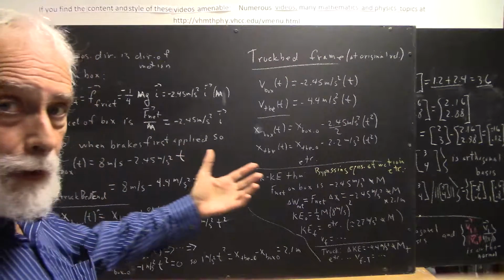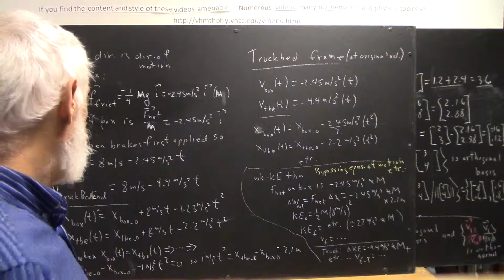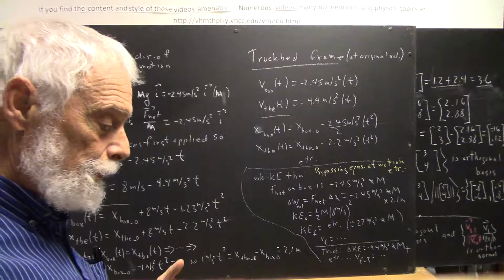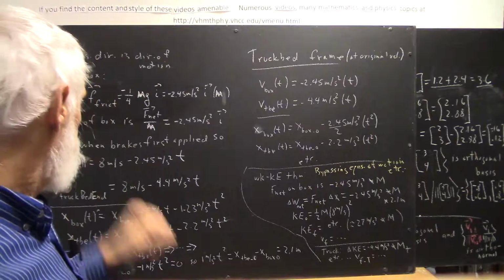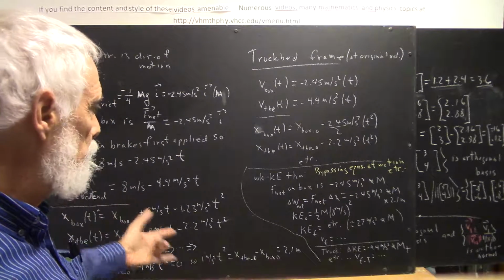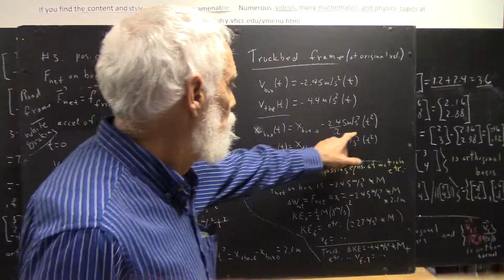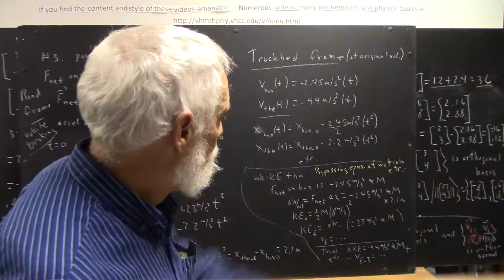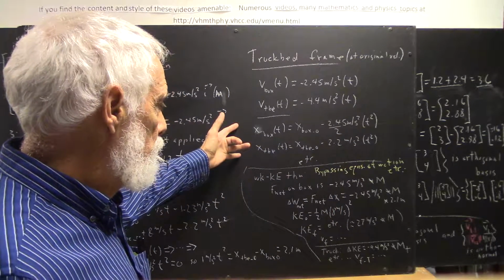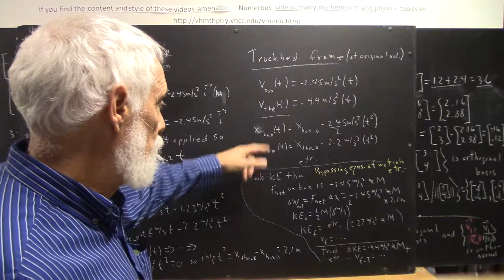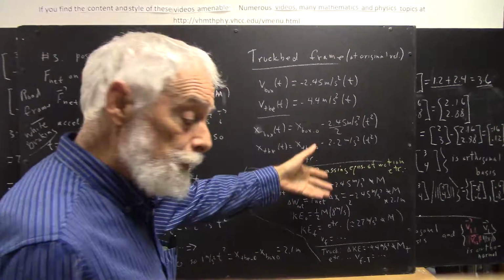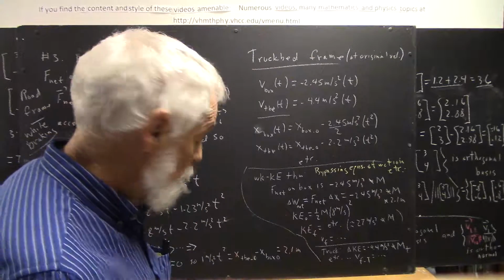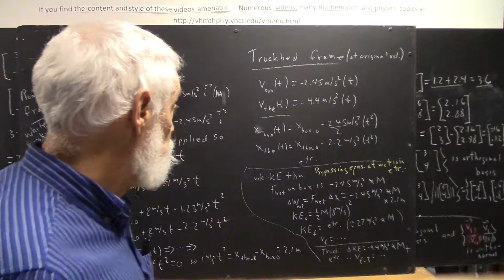In the truck bed frame, the velocity of the truck bed is 0, the initial velocity of the box is 0. So we don't have the 8 meters per second anywhere, and these will be our positions. Okay? Now, we just still subtract this from this and solve for t, and we'll still get the same time at which the box collides with the truck bed end.